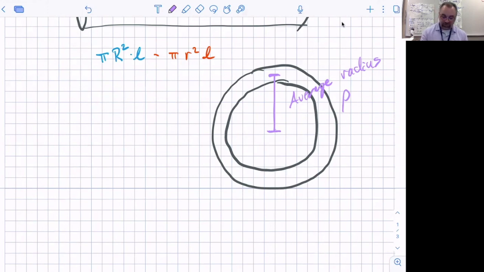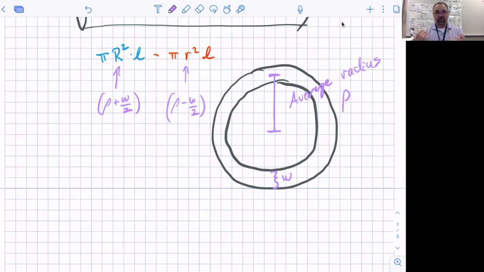And then we're also going to define the parameter here, the width of the shell. So if rho goes to halfway, then the big radius is really just rho plus half the width. So I could substitute in there rho plus half the width. And by similar logic, the inner radius, the small radius, is really rho minus half the width. So we could substitute in there rho minus half the width.